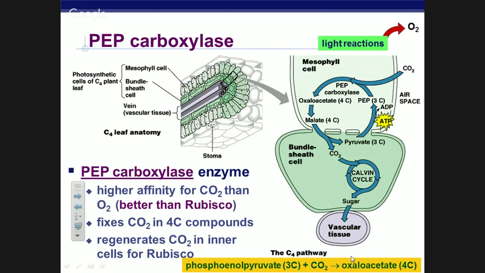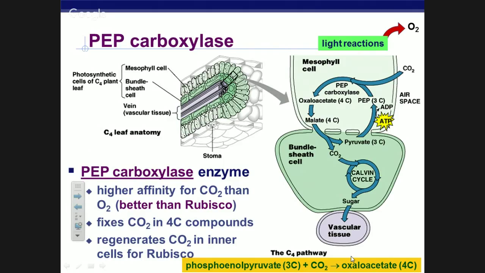The CO2 will enter the Calvin cycle. Because it's physically separated, oxygen might build up in the mesophyll cell when the stomata are closed, but it won't move into the Calvin cycle. Very little of it will. So it maximizes the exposure of rubisco to carbon dioxide and minimizes its exposure to oxygen because it physically separates the process. Anyways, then that goes right into the flow of the sugars.